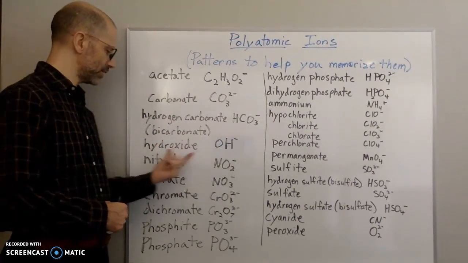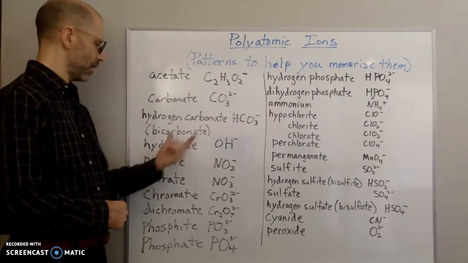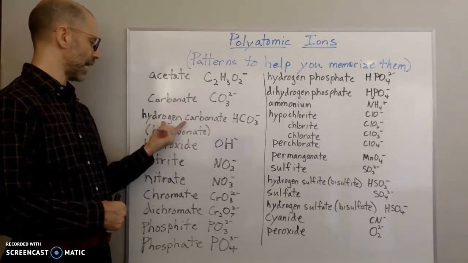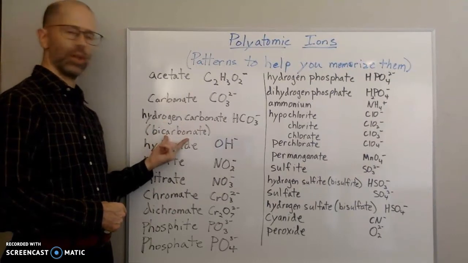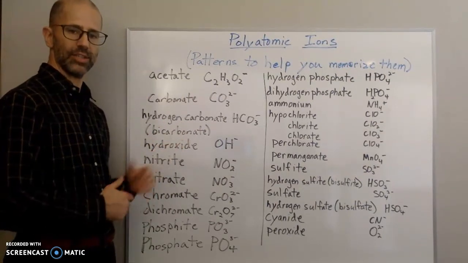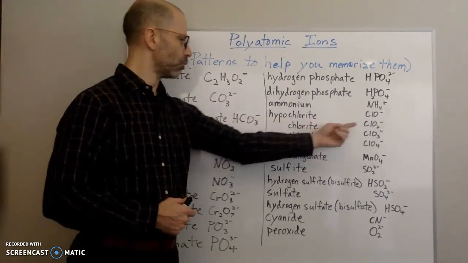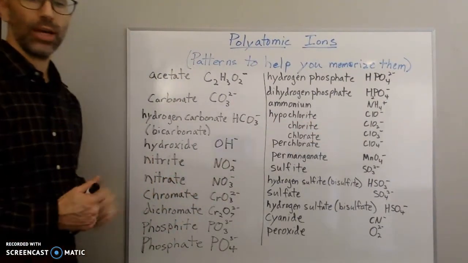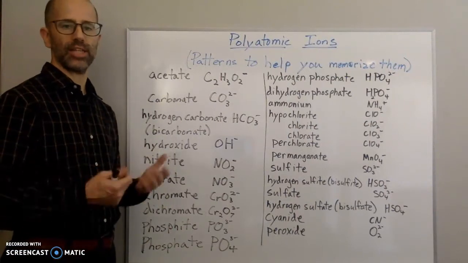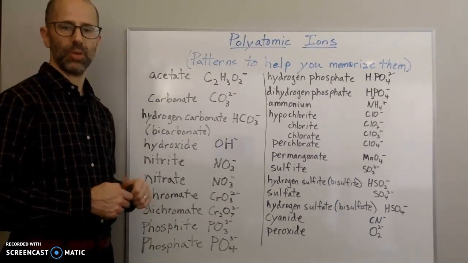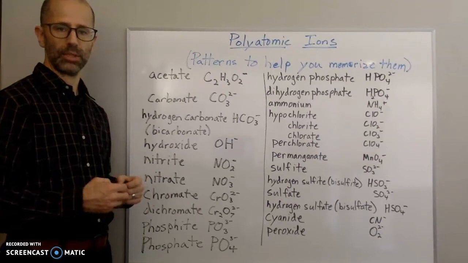So this ion is called the hydroxide ion. This ion here is called the hydrogen carbonate ion, or the bicarbonate ion is also another name for it. This one is called the hypochlorite ion. So you don't need to change anything about the name. The name stays the way it is. You just need to remember what the name is.